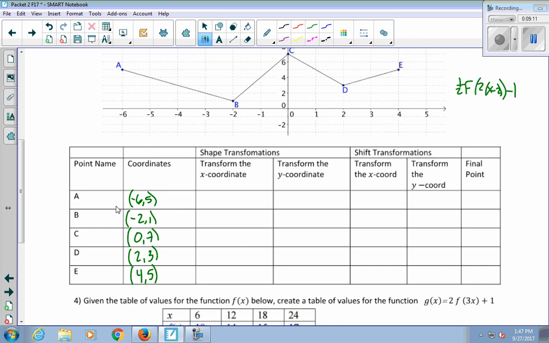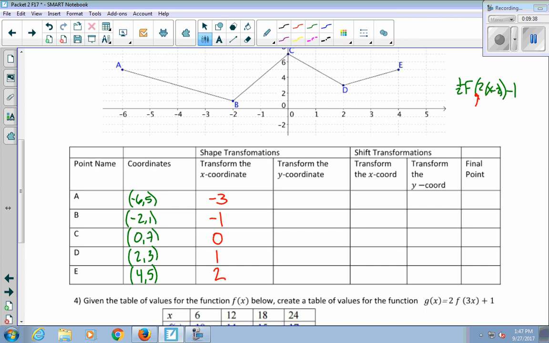So my shape change for f is this 2. It's inside, so it's the opposite of what you think. And so this is a horizontal shrink by a factor of 1/2. So I'm going to take half of all my x coordinates. So my -6 becomes a -3, -2 becomes -1, half of 0 is still 0, 1, and 2.